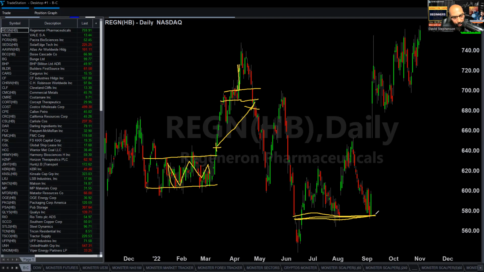Resistance would come about right here. That's failed. Got pretty good support here. Resistance here, and it failed here. You guys see that?